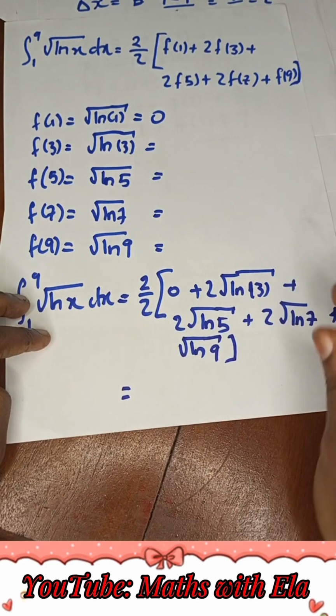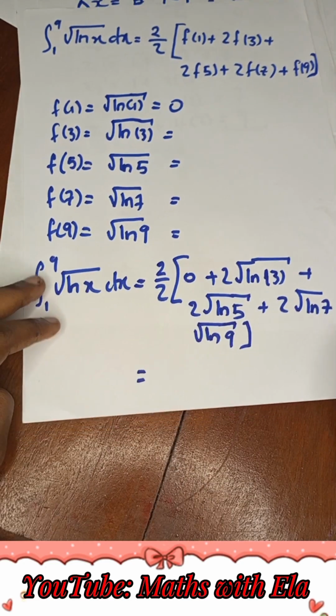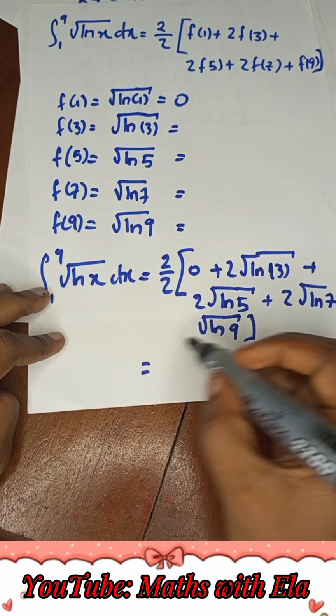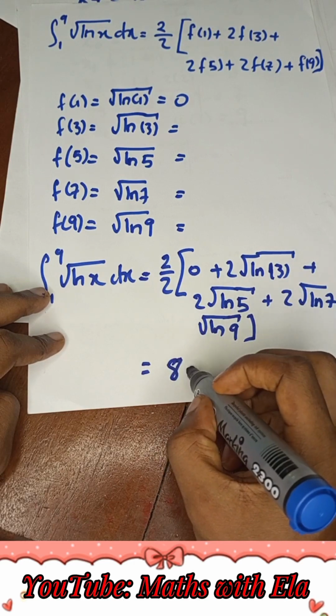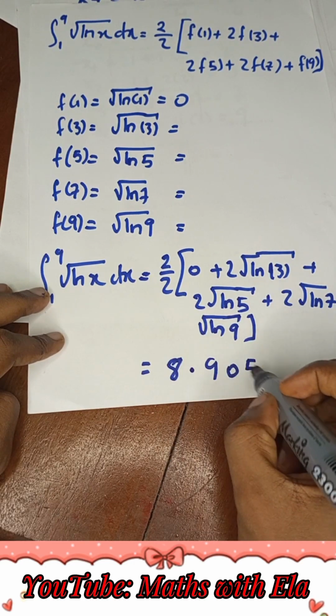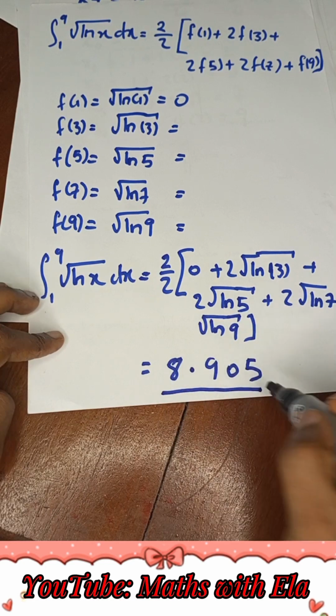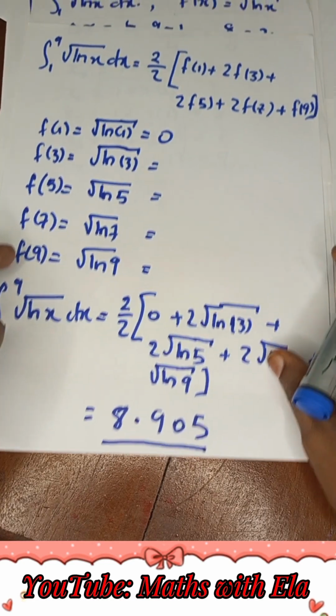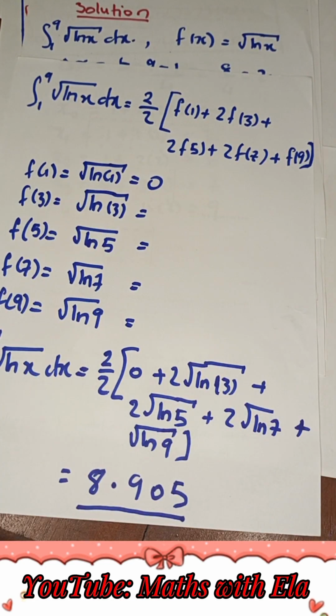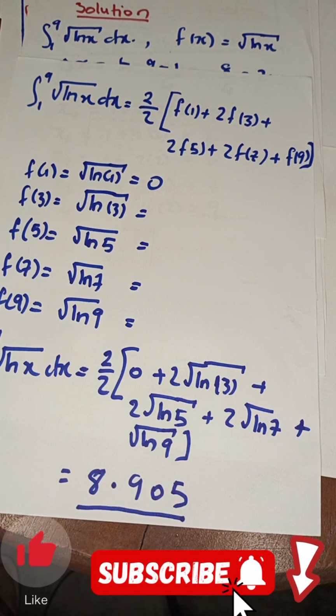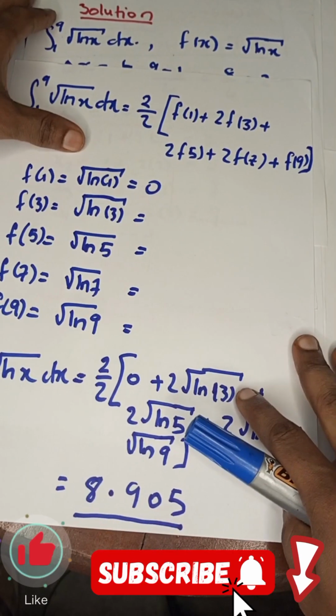And if you evaluate this, if you punch this on your calculators, you're going to get 8.905. And that is an approximate value for that definite integral we had given there.